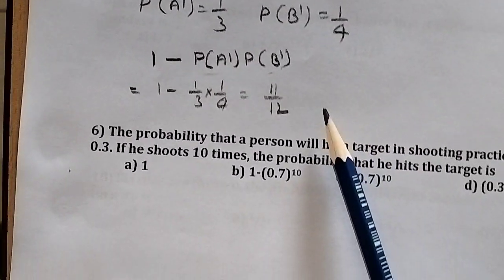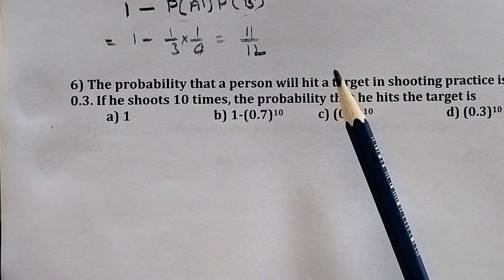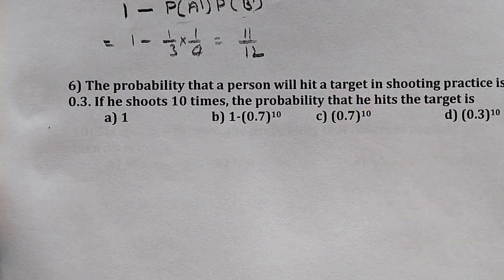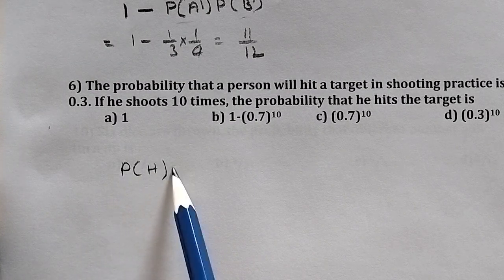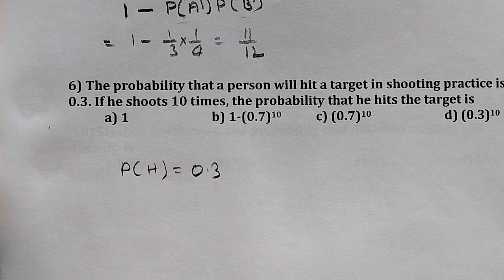Now coming to question number 6. This is also a similar model. The probability that a person will hit the target in shooting practice is 0.3. If he shoots 10 times, what is the probability that he hits the target?